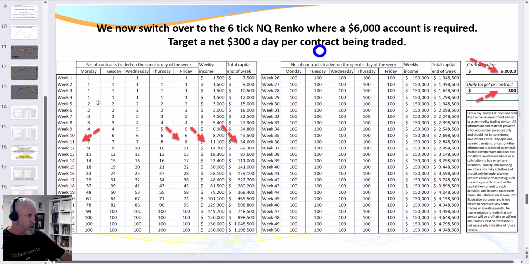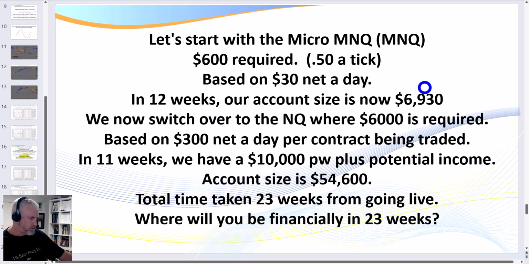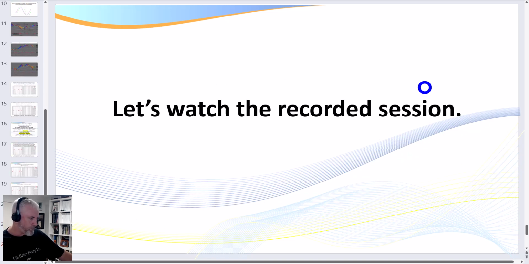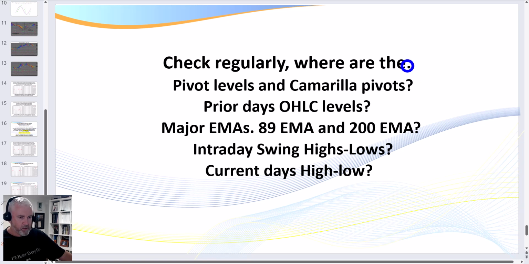If you're going to trade the 6-tick, you need $6,000 to trade it correctly. So in the live trading room, you need that. Now you've got no problems trading 8 to 10 contracts there, but just be aware you do need a larger account size.